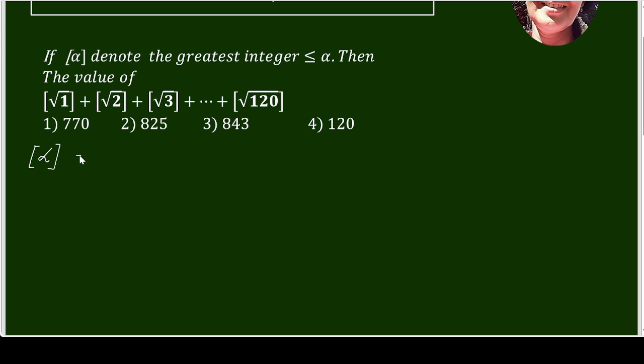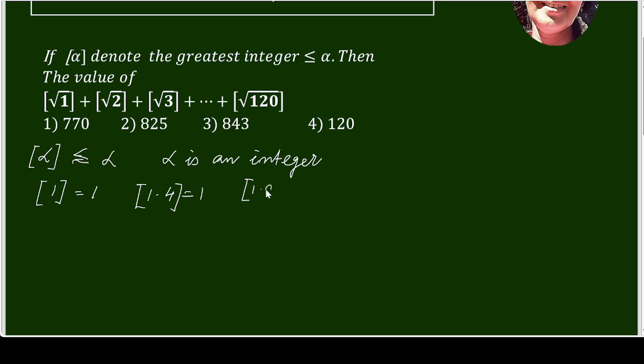So this is the greatest integer less than or equal to alpha. That means floor of 1 is 1, floor of 1.4 is also 1, while floor of 1.9 is also 1.